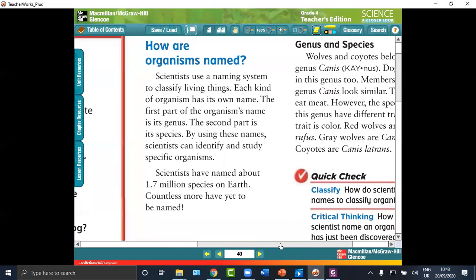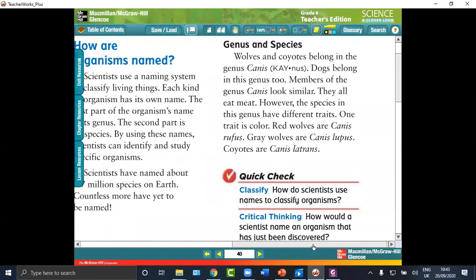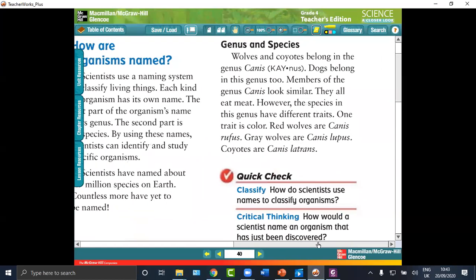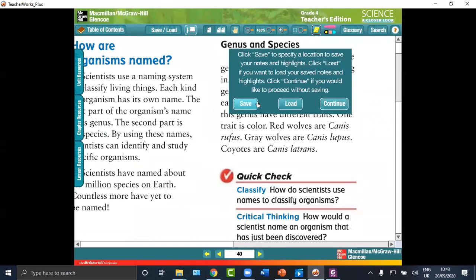Open your book, page 40, to put a highlight. Page 40. Okay, sometimes there's a problem in the program.